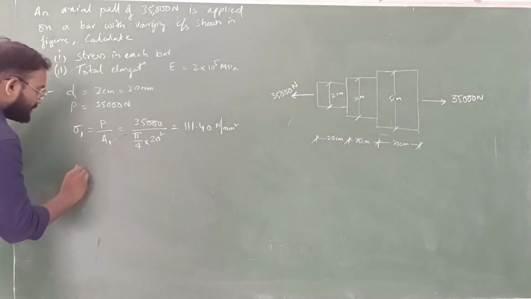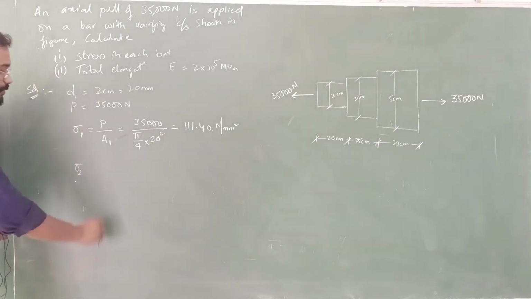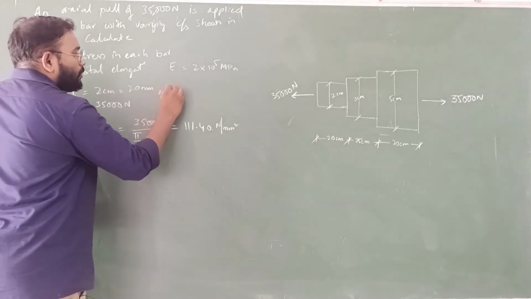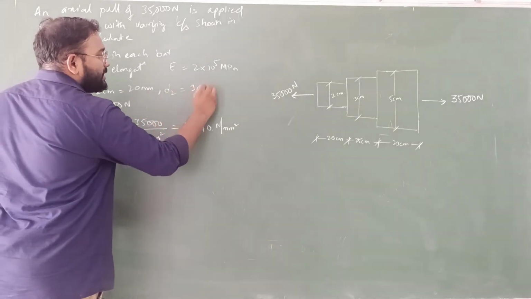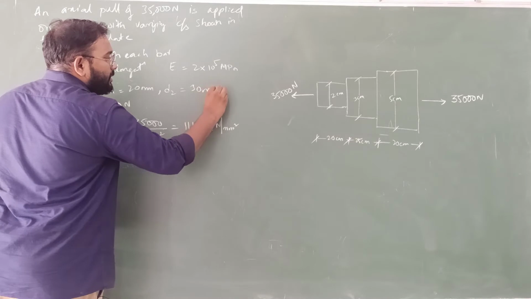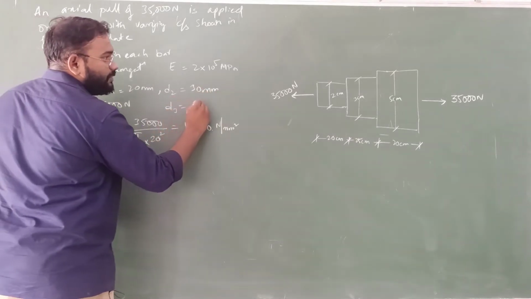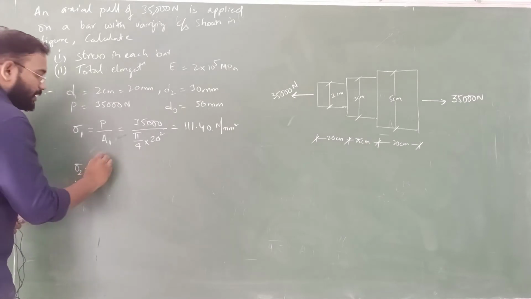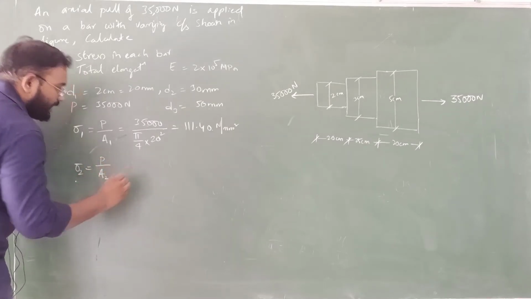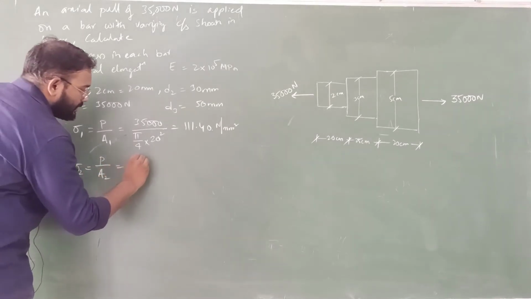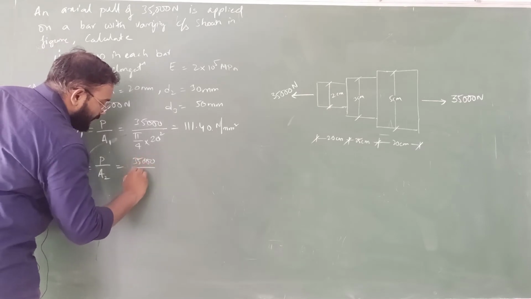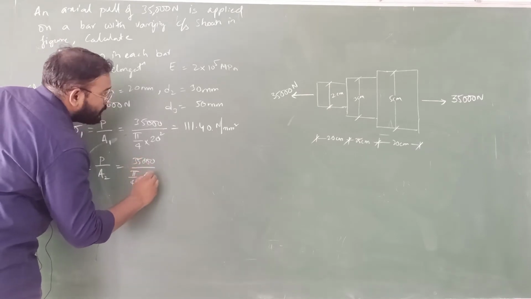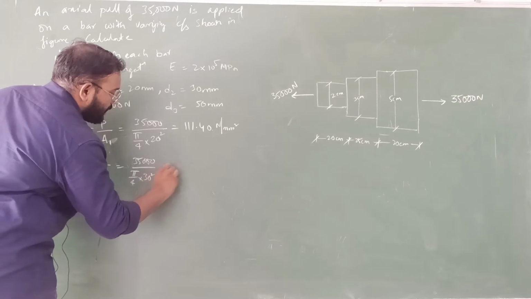Now next is sigma 2. D2 also we know is 30 millimeter, and similarly D3 is given to you as 50 millimeter. So if you want to calculate sigma 2, it will be P by A2, which is 35,000 divided by pi by 4 into 30 square.